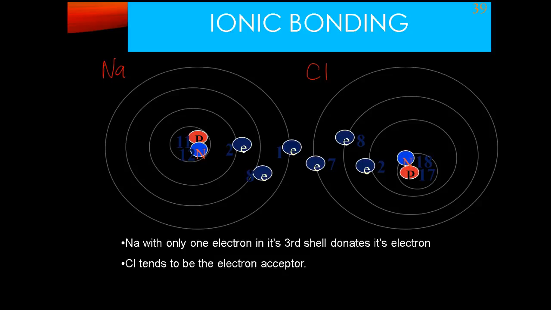Remember, because chlorine has 6 or 7 in its outer shell, we want to say that this guy is going to be the acceptor, and sodium, because it has 1 or 2, is going to be the donor. Okay?